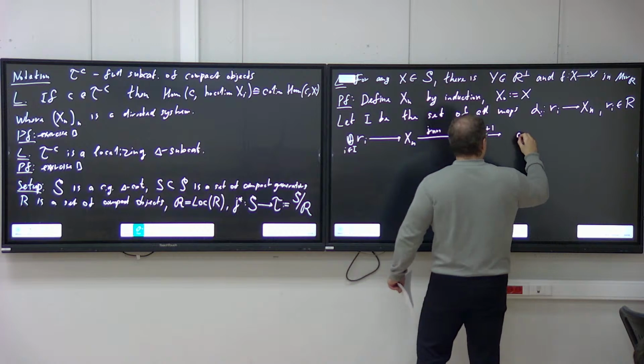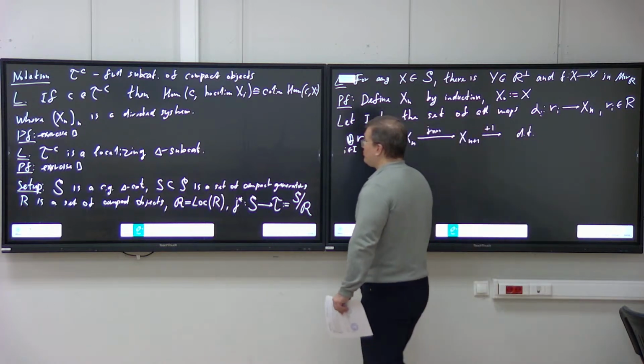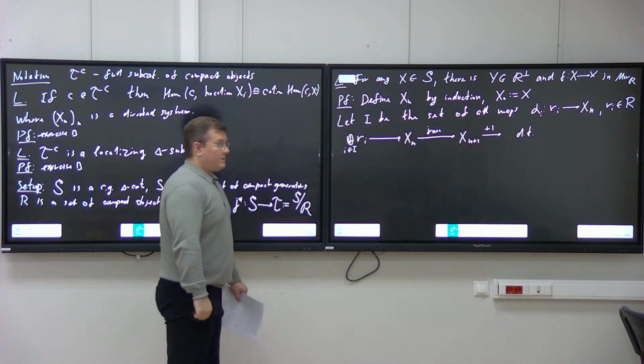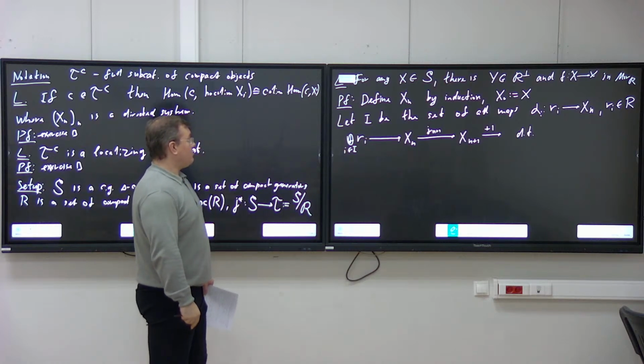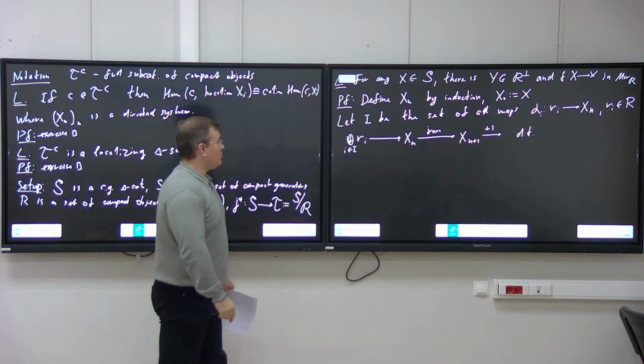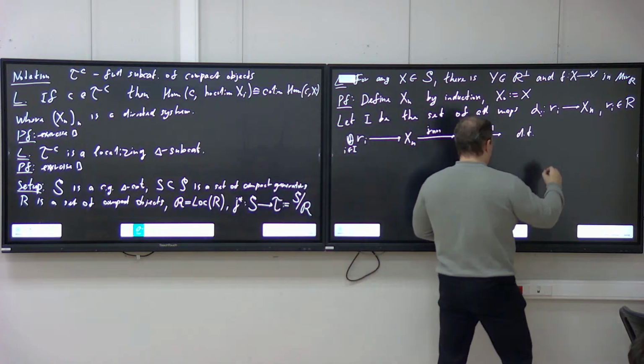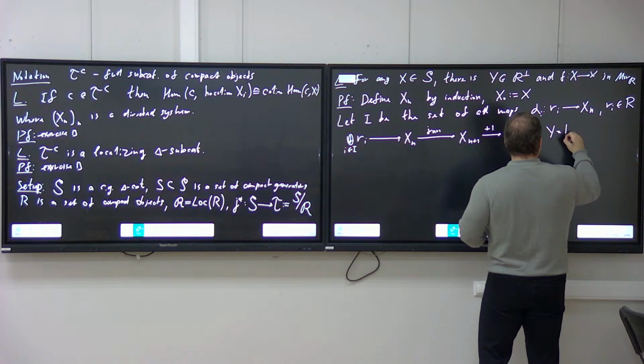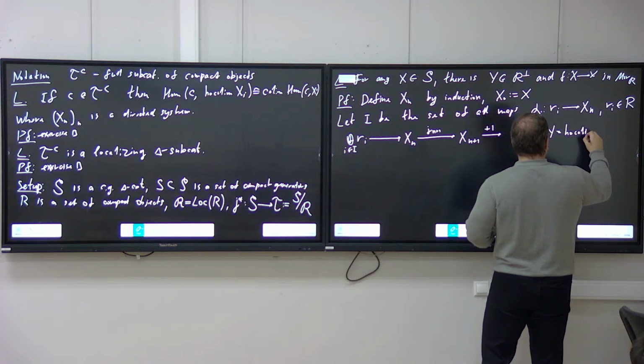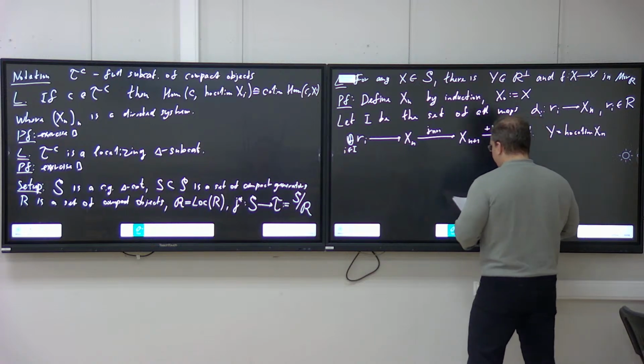So this distinguished triangle can be used to define objects xn plus 1 if you already know object xn, and you can do this since x0 is given, then you do this by induction. And by definition, I want to take y to be the homotopical limit of the xn's.